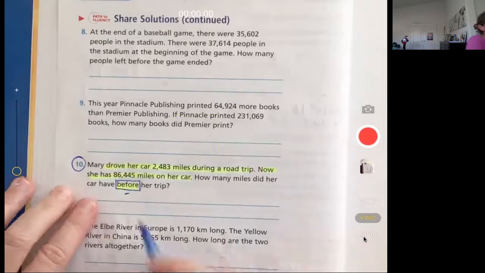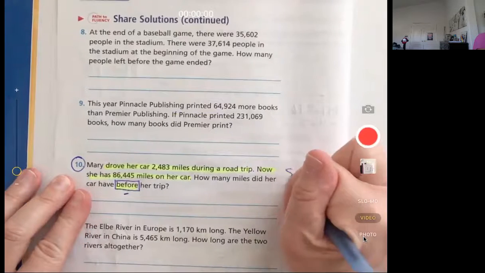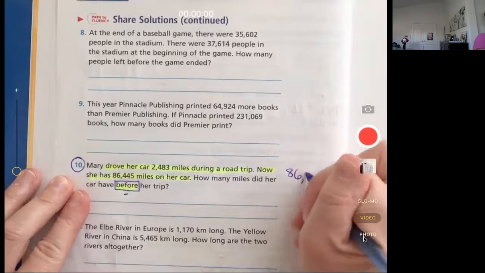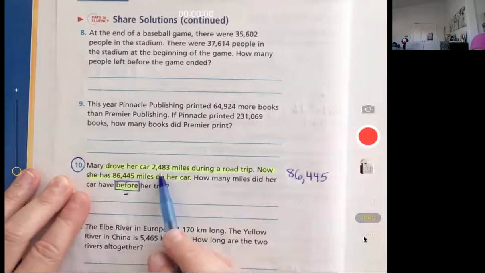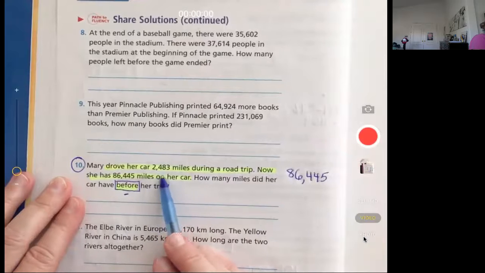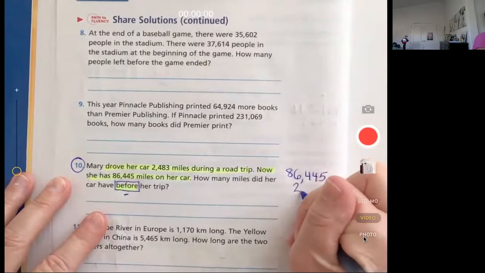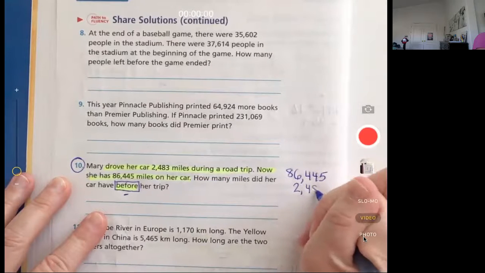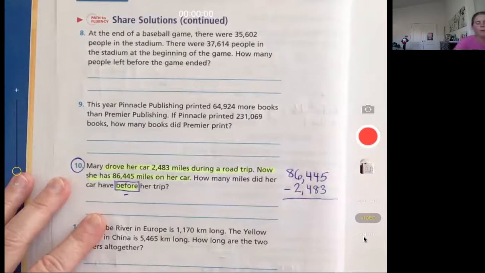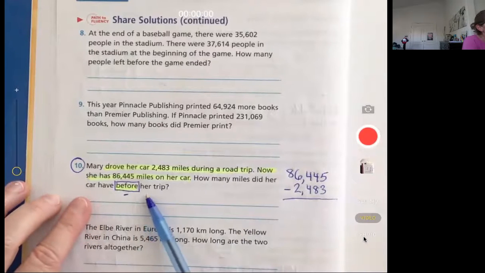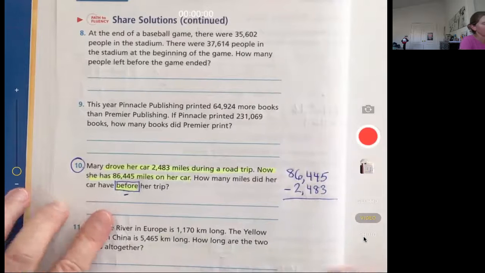That makes me feel like, well, I'm going to take her miles now, 86,445 miles, and I'm going to take away from her road trip that she just did. I'm going to make sure I line it up, 2,483. And if I take those road trip miles away, then I will know how many miles she had before this road trip. Let's do it.